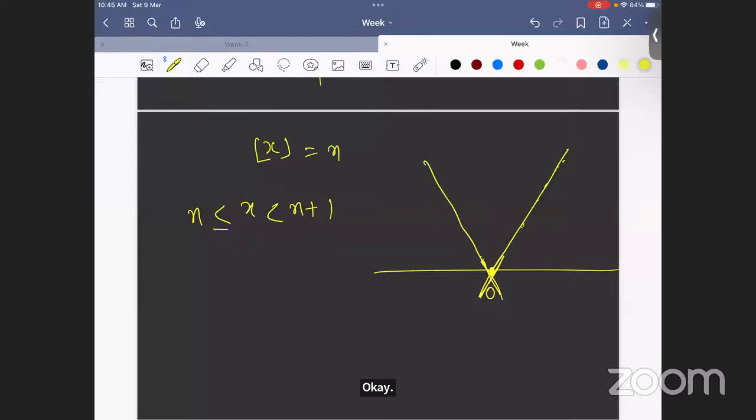You'll get the greatest integer function as n, right? So how greatest integer? I don't understand. We take the floor function, the lower nearest. Floor function. Okay. Or you call that a step function. So many names are there for this function.